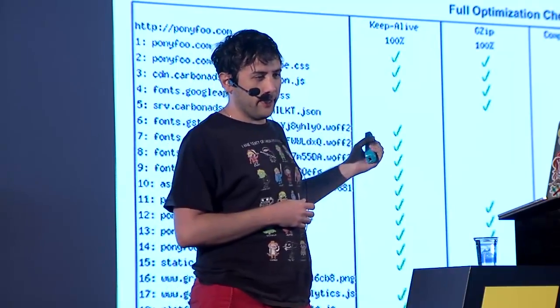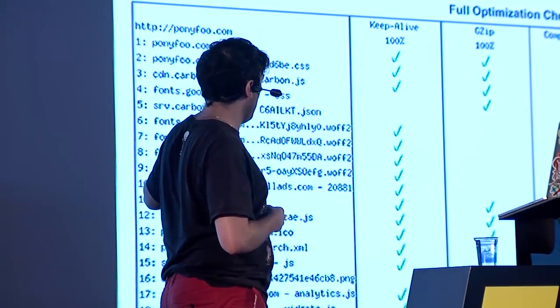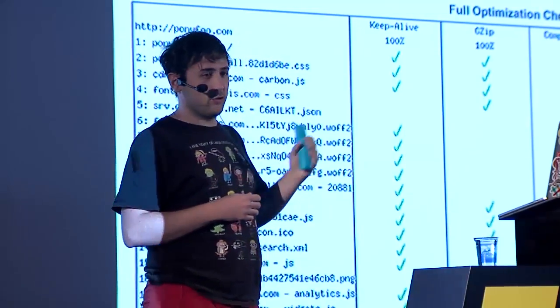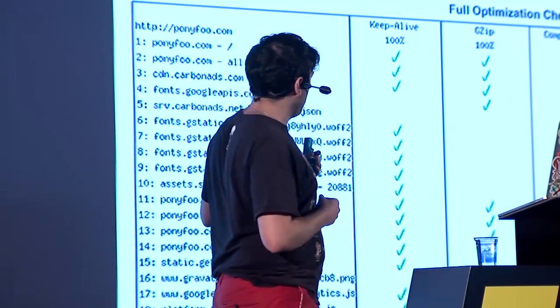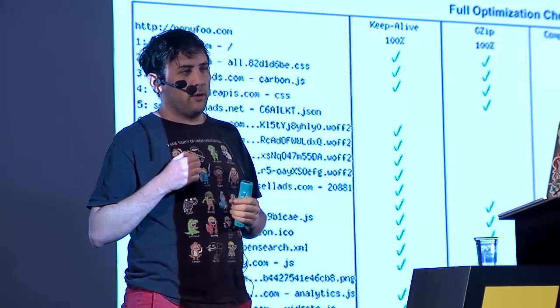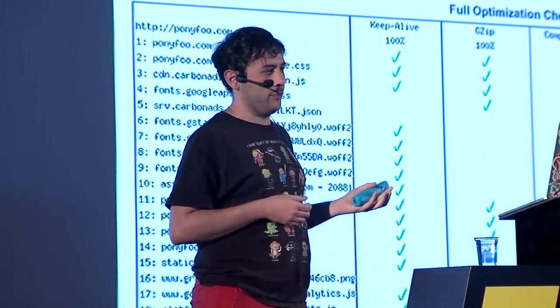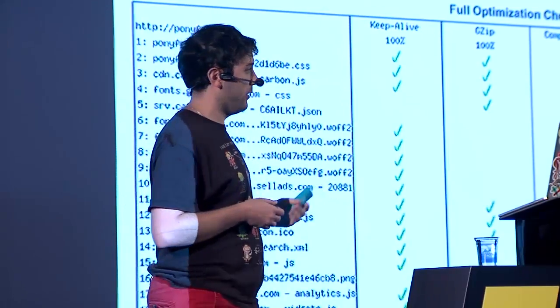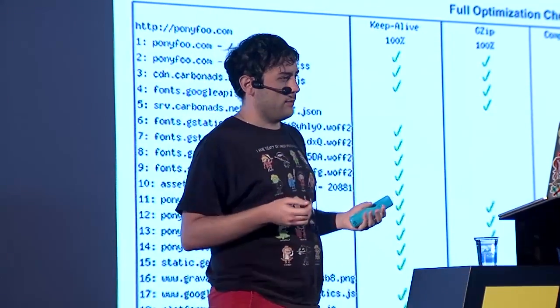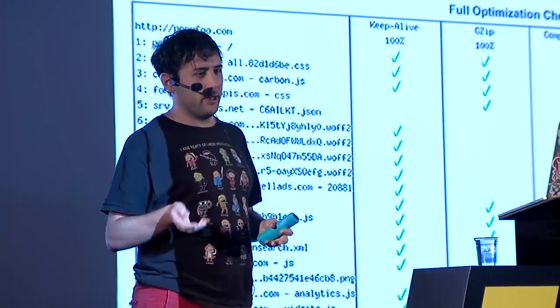So just like we had the grades in general, we also have the grades segregated by each request. And this is kind of useful, mostly because usually when you're failing at caching and stuff like that, it's because of third-party scripts like analytics or ads. So if that's the case, you shouldn't worry about that too much.